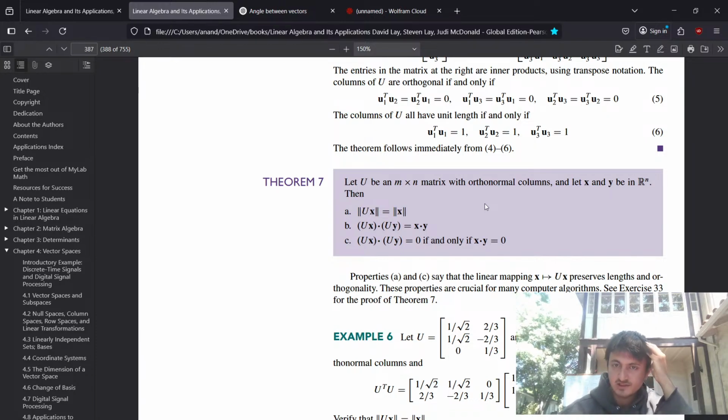And then part C, Ux dot Uy is equal to 0 if and only if x dot y equals 0. That one we don't even really need to do if we prove B.